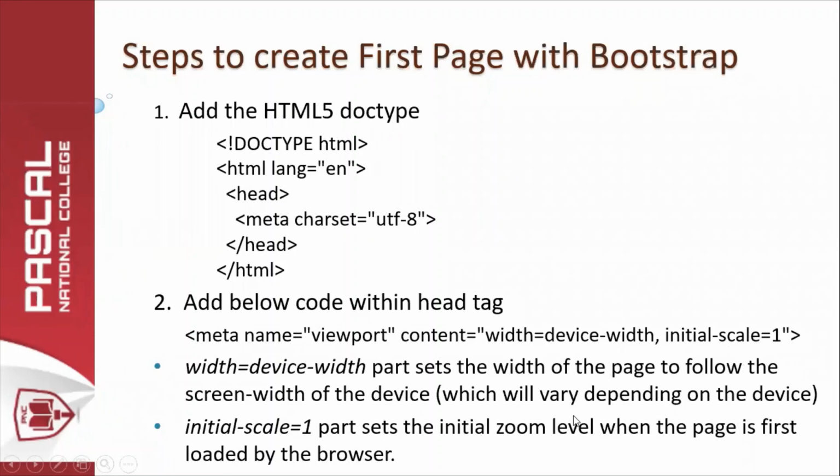This part defines the width of the page to follow your screen width, irrespective of the device. The device width can be different for mobile devices, tablets, and laptops. Initial-scale equals 1 sets your initial zoom level, by default 1, which is the zoom level when the page is first loaded by the browser.